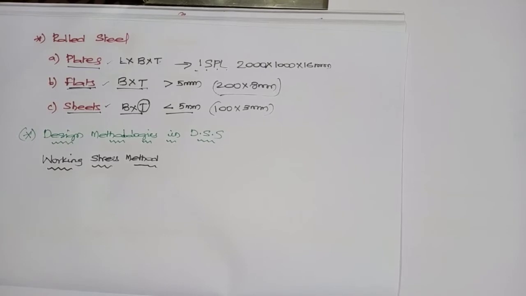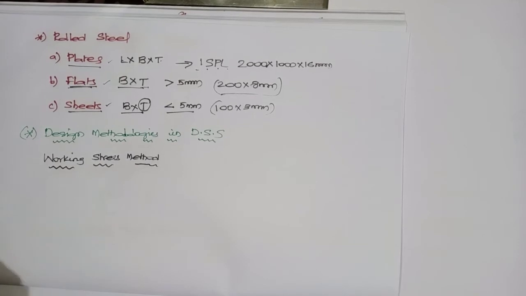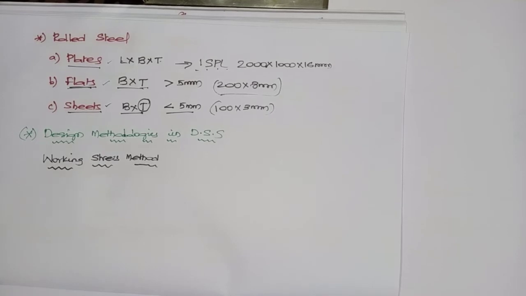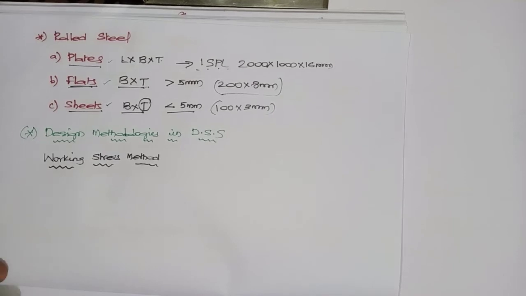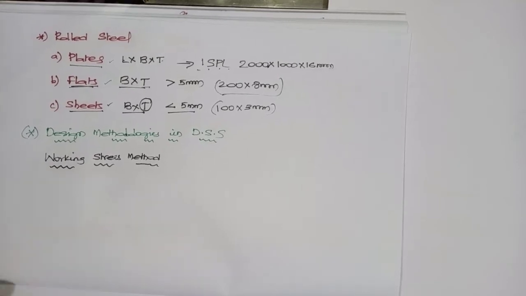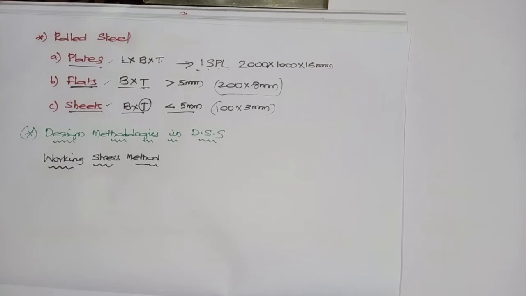Now we'll continue with the next topic, that is design methodologies in the design of steel structures. Earlier there used to be a method known as the working stress method.